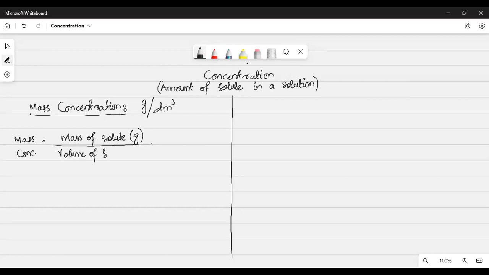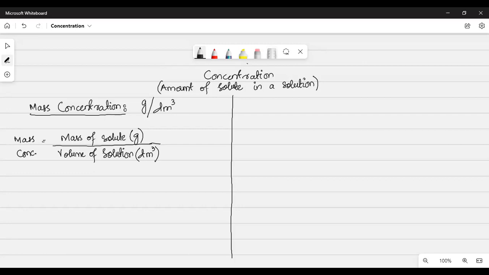That's why I was talking about choosing just the two words solute and solution, because these two words are going to be a part of the formula. We're never going to put the amount of solvent as a part of the formula. And of course, the volume of solution will be considered in the standard units of decimeter cube. That's how easy it is. That's how the units tend to be gram per decimeter cube for mass concentration.